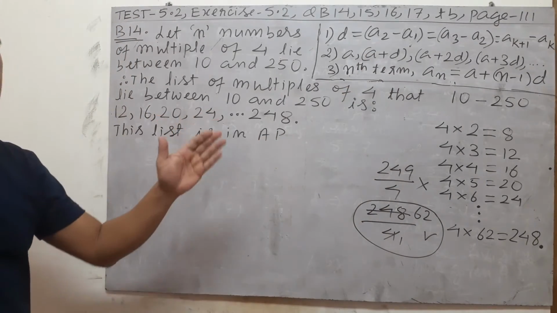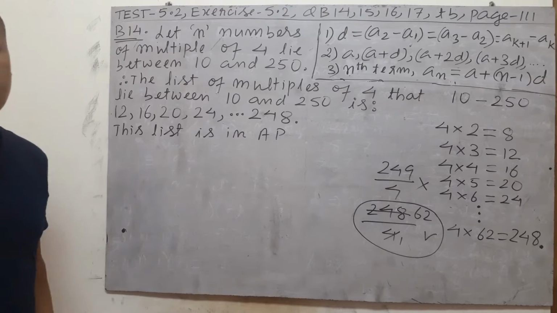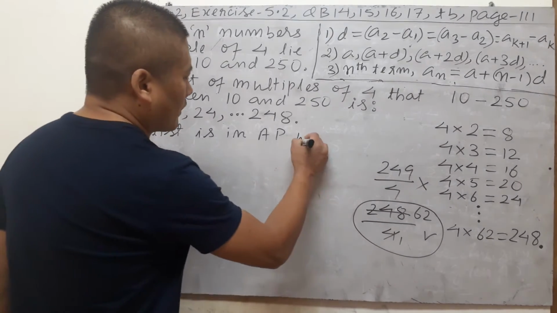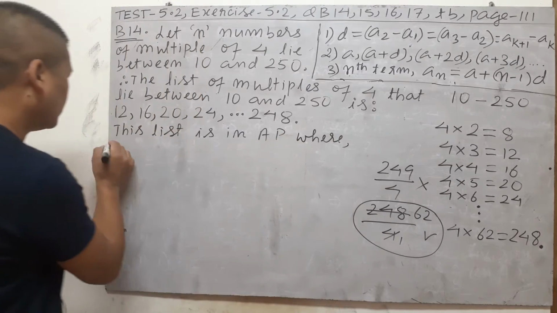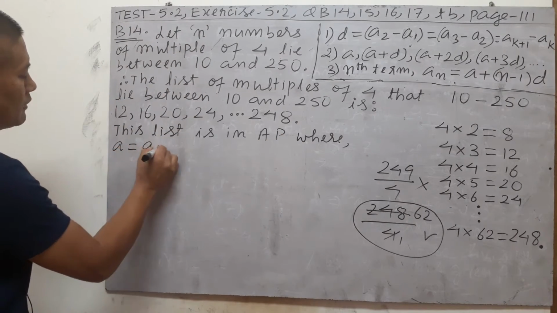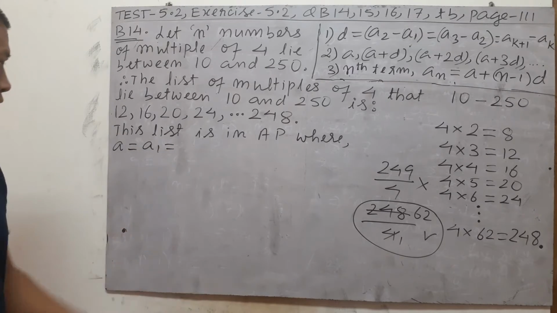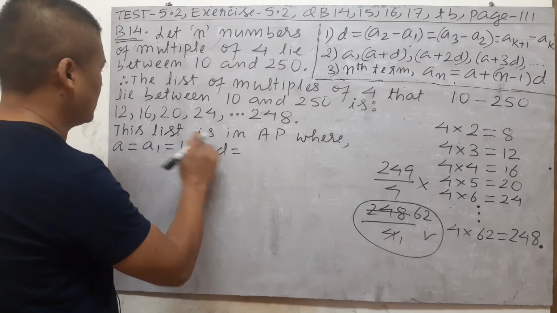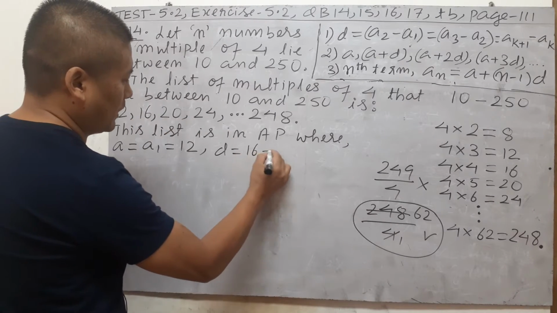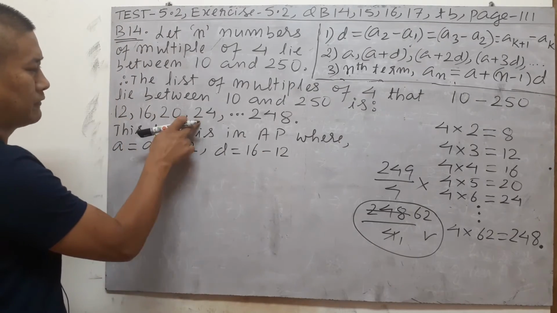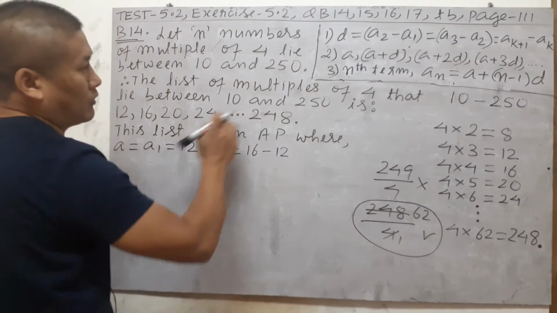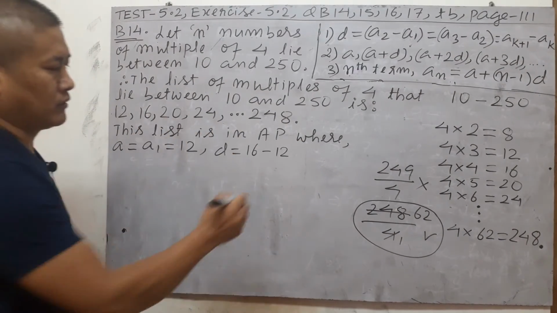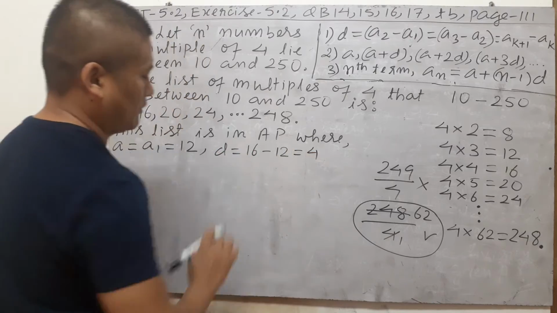And if the list of numbers has a common difference, then surely it is an AP.